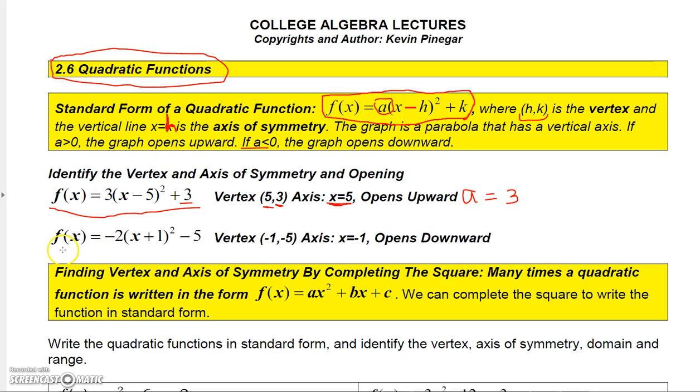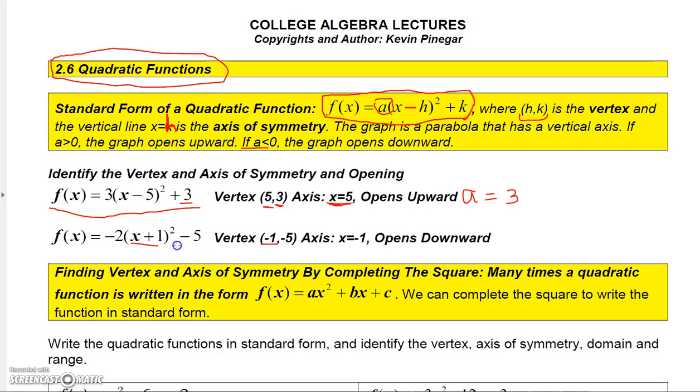Whereas in the second parabola, here you're adding 1, but when you add 1, it's like subtracting negative 1. Or if you prefer, just say it's the opposite sign of whatever's in here. So since this is plus 1, the x value of the vertex, or the h, is negative 1.